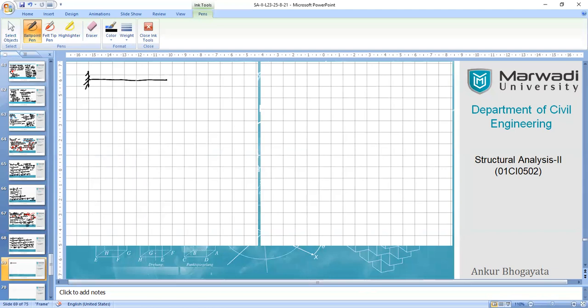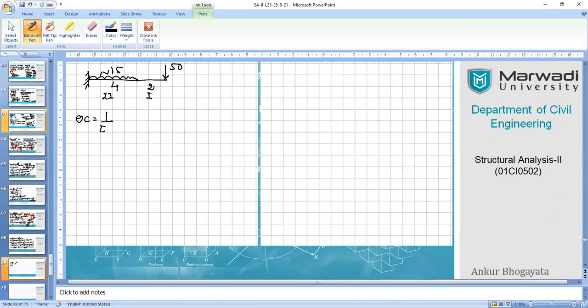This is just for your reference, and those who have already done it, there is no need to repeat the table. However, let me simply write it down here: 15, and here you have 50. This is 4 meter, this is 2 meter, this is 2I, don't forget it. This is I. So let's write down the theta C equation over here.